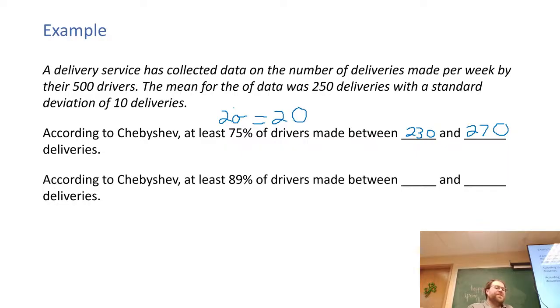And then at least 89% of drivers would fall within 3. So that would mean 220 and 280. Because that would be 30 deliveries.